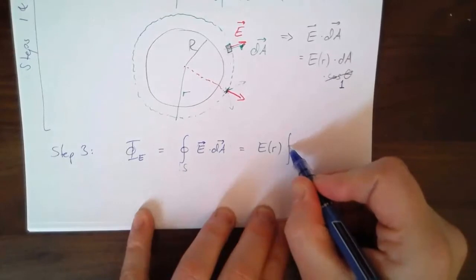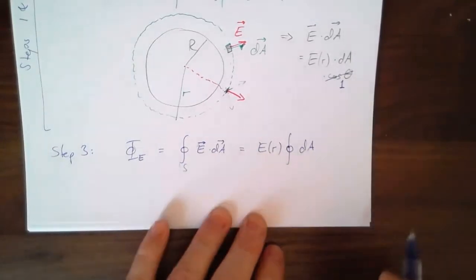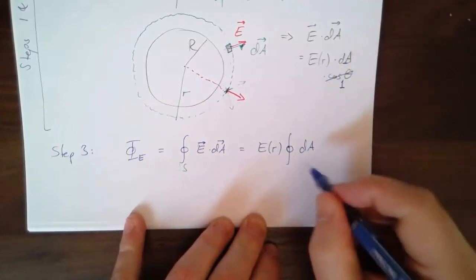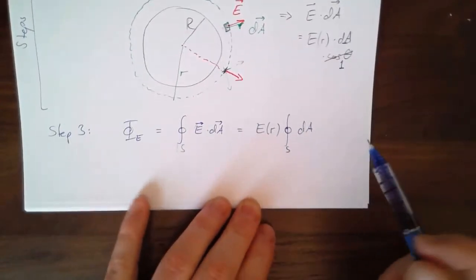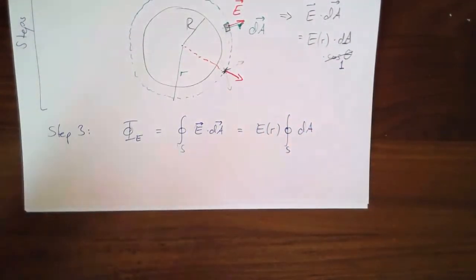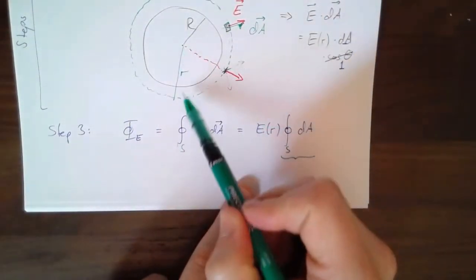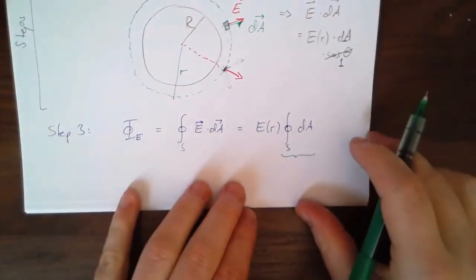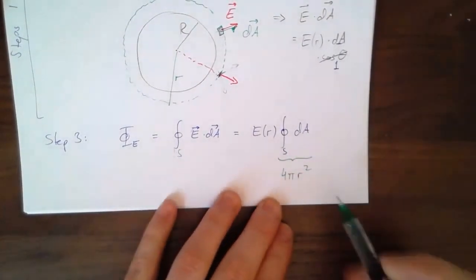times the integral, so the sum, over just the little area, how big the area is. But this integral here is just the total area of our big sphere. This is because the sphere we picked is a sphere of radius little r. This is going to come to the area of our surface, which is 4 pi r squared.